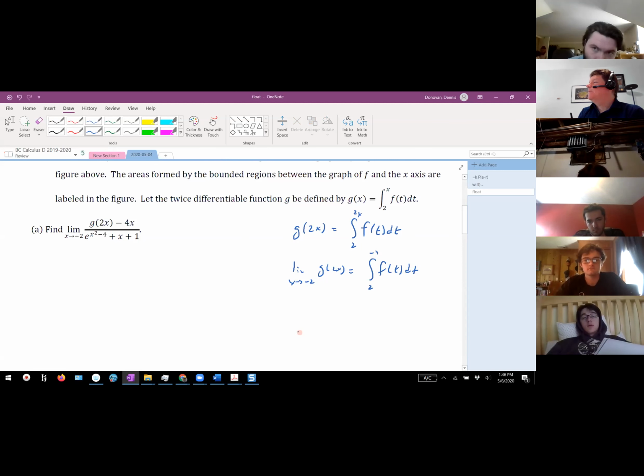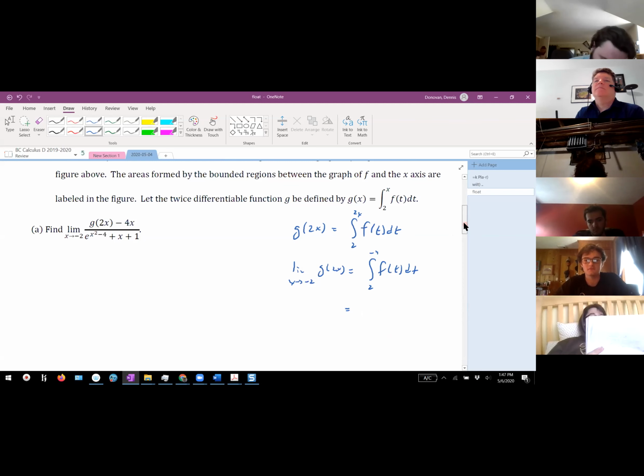Okay? Everybody got that? Because 2x is approaching -4, so it's approaching the integral from 2 to -4. So now how do I get the integral from 2 to -4 of f of t dt? It's the opposite of the integral from -4 to 2.